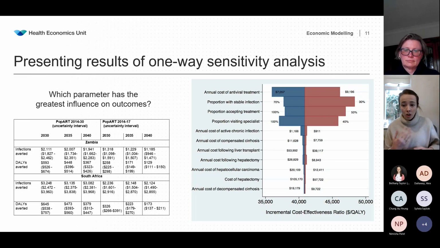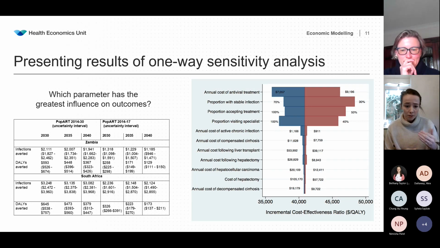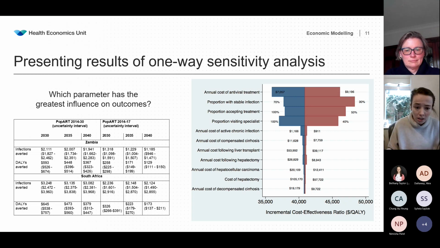So the results of trials like this are usually presented as one-way sensitivity analysis, usually presented in tornado plots, which are shown here, where the relative impact on the outcome of each individual parameter is ranked with the most influential one at the top. And this is really useful in understanding which parameters might be the most important to consider in a policy evaluation.